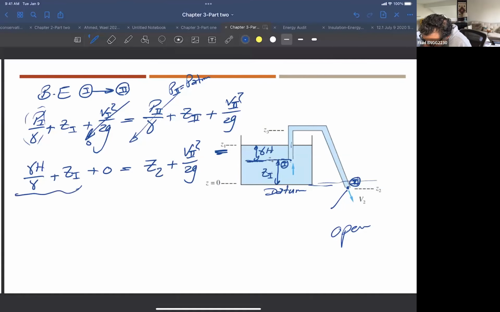Now look at these. What is this, gamma H plus gamma H divided by gamma plus Z1? What is this value? Height times gamma, yes, and then divided by gamma will give you H, right?